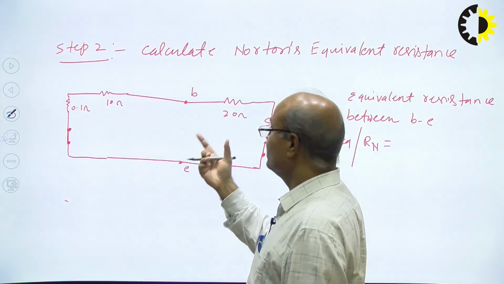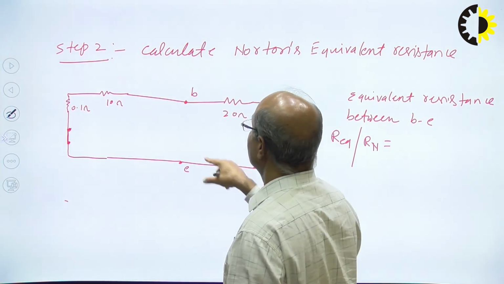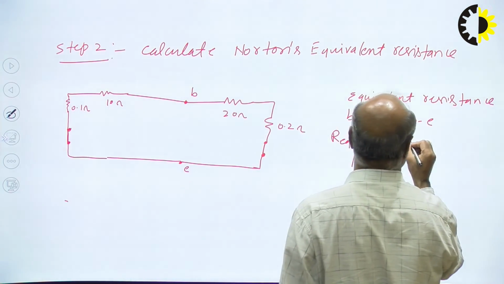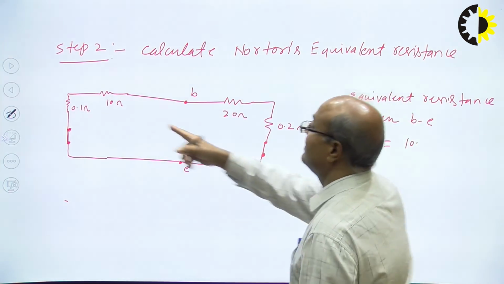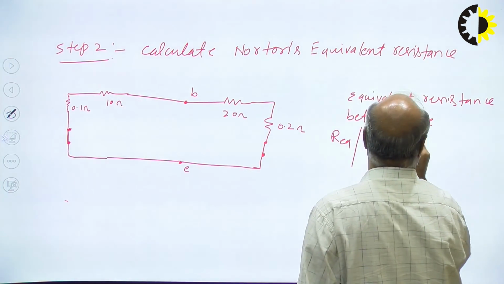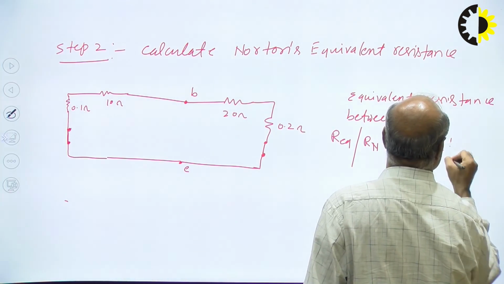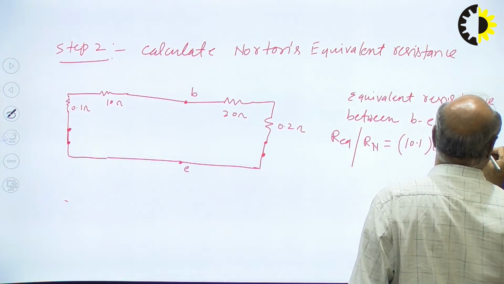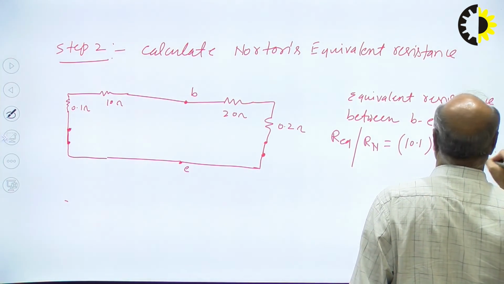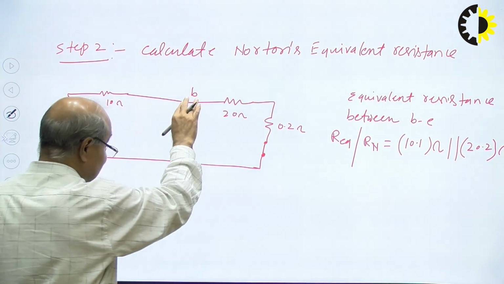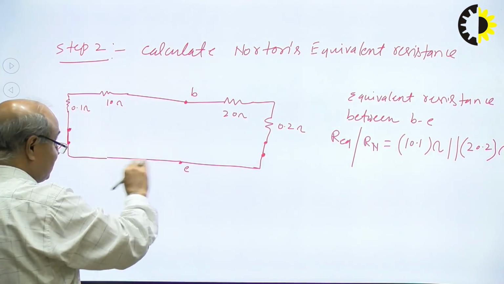Very easily you can observe that this branch and this branch between B and E are in parallel. So in the first branch we have 10 and 0.1 in series, so 10.1 ohm, in parallel with 20 plus 0.2, that is 20.2 ohm. So this is RN, the parallel combination of this and this.